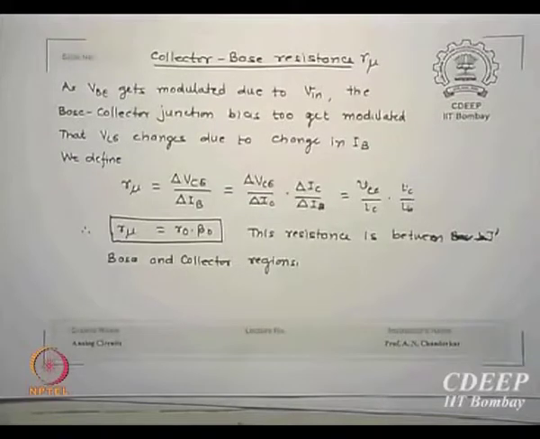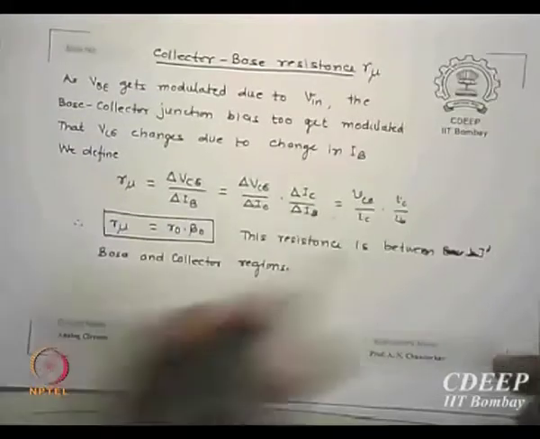There is another resistance that is worrying me. After all, you have a base collector junction in a transistor. Between the base and collector, there is a junction. Is that point clear to you, what I am talking about?